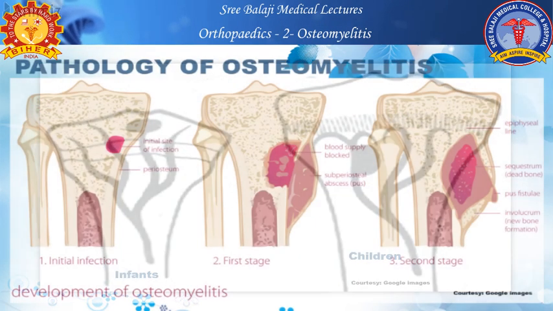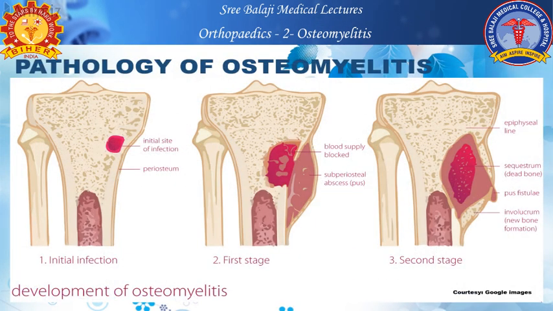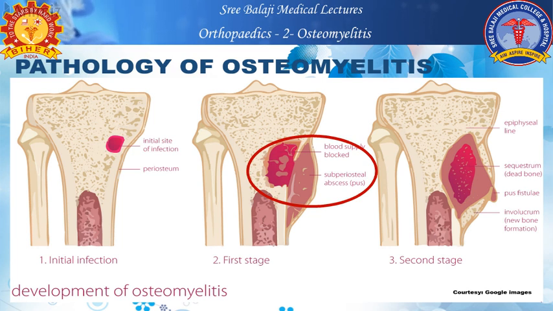So this slide shows the pathological process of osteomyelitis. The metaphysis is the initial site of infection, and because of the inflammatory process, pus formation happens in the metaphyseal region. This pus travels through the medullary canal towards the diaphyseal region, and it can also pierce the cortex and form the subperiosteal abscess.